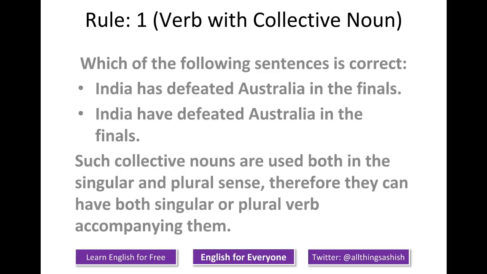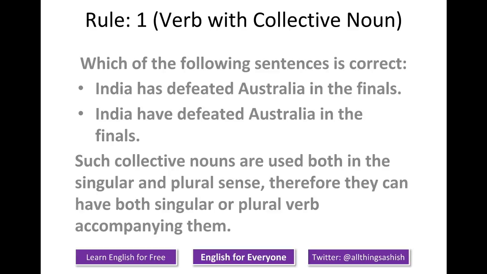So if I say India and I mean to refer to just the team, just the singular unit that Team India is, then I better use has rather than have.